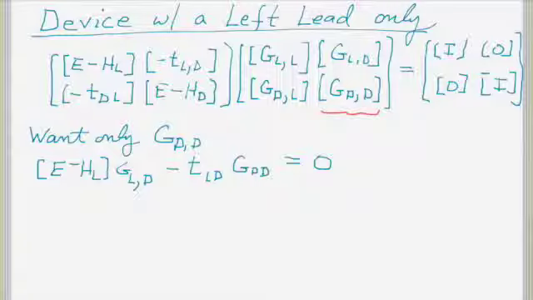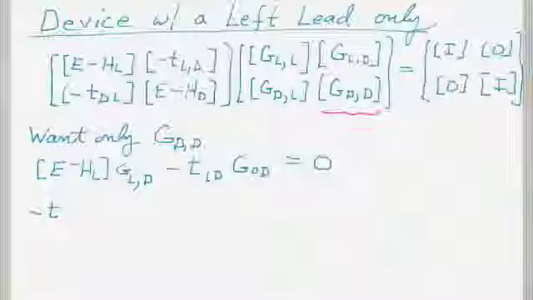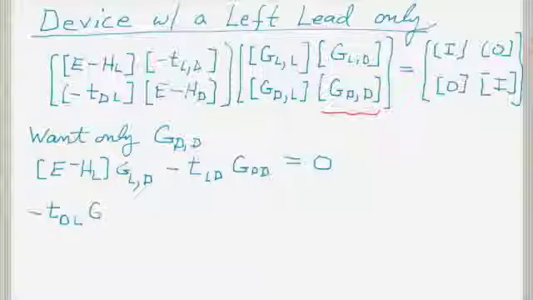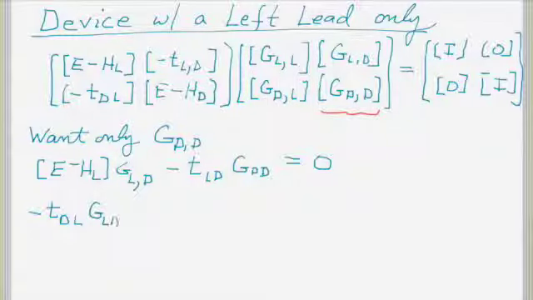And then I multiply the same column by the second row of the matrix, and I get minus TDL GLD plus E minus H sub D times GDD is the identity.